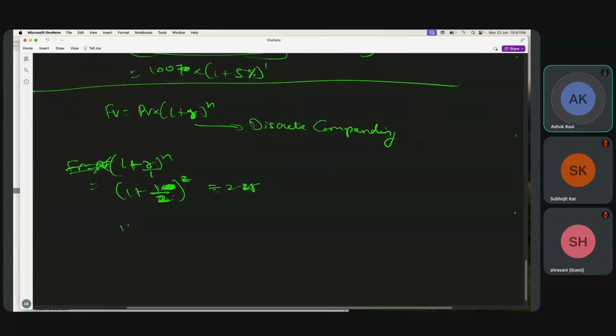If it is compounding quarterly, just calculate now. 5.0625.